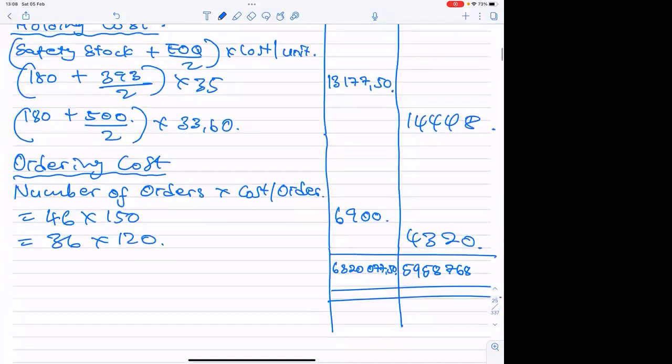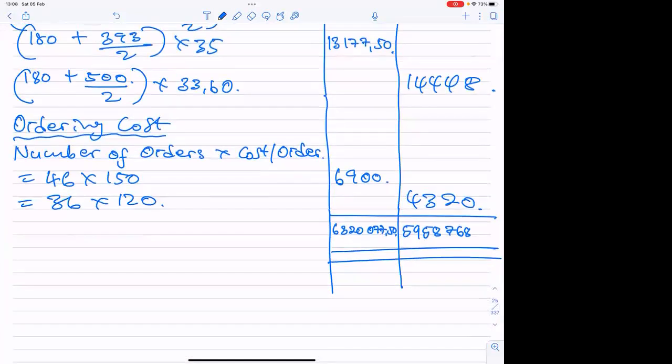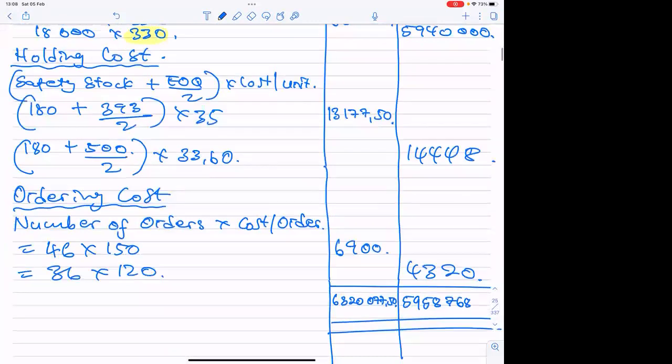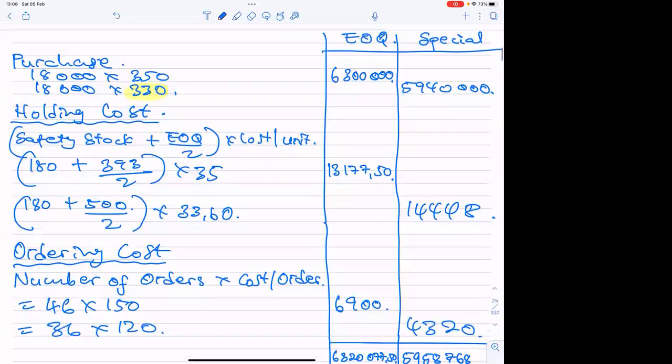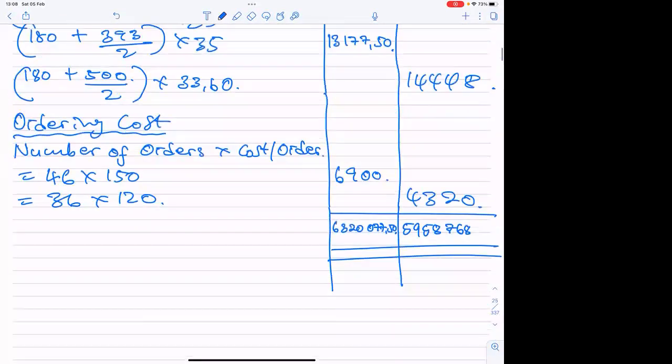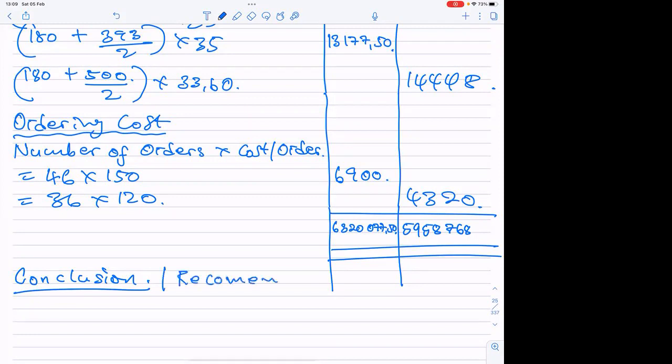Right. Are we together? So you now have the cost for both scenarios. Then you come and you put your conclusion, because that's what the examiner wants. What is your recommendation? So you can say conclusion or recommendation.